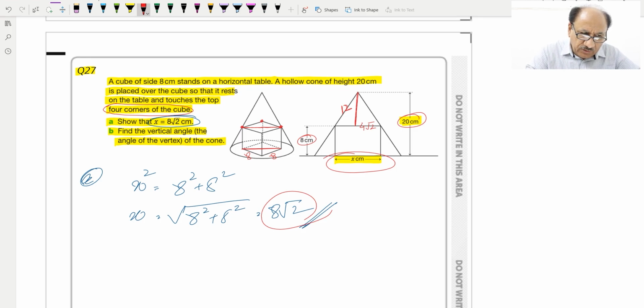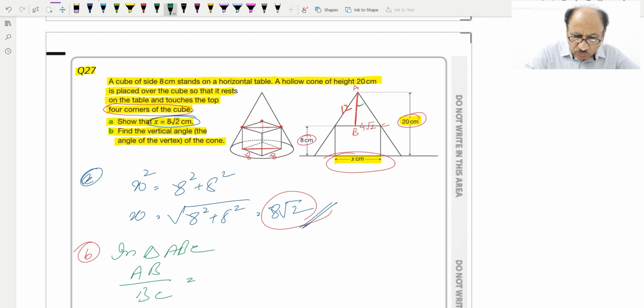So now we can take it as A, B, C for our references, and for the B part we can say in triangle ABC, BC over AB, opposite over adjacent, will be equal to tan theta.